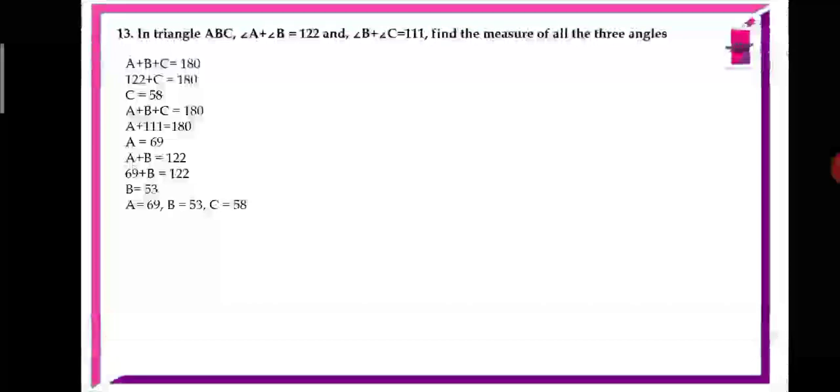Similarly, substituting B plus C, you will get the A value as 69. Now you know the A value, you can substitute it in A plus B equals 122, and you will get the B value as 53. Therefore, the three angles of triangle ABC measure 69, 53 and 58.